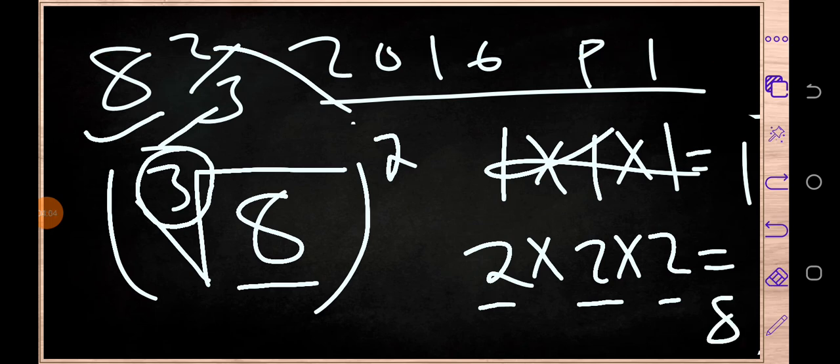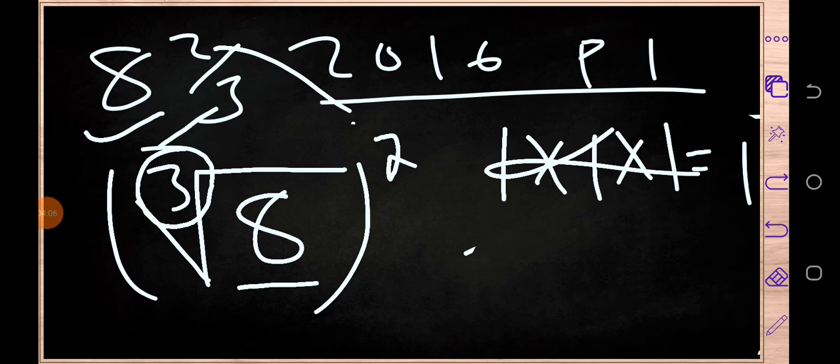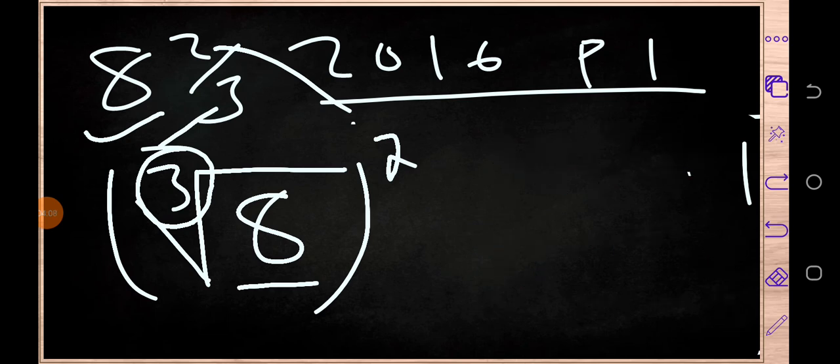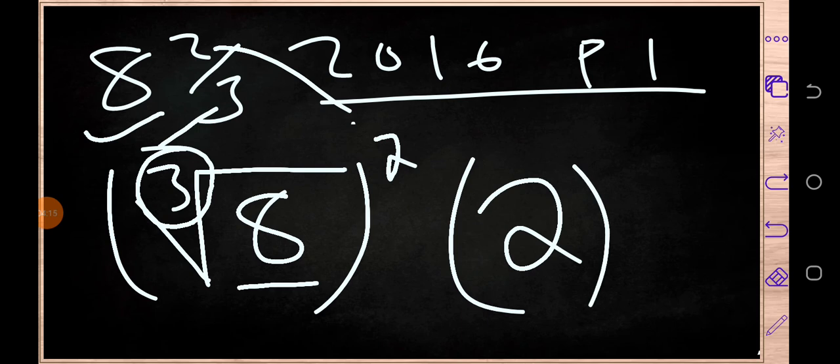Now, don't forget we haven't finished. We have just found the number, but we still have something remaining. So we are going to write this 2. Remember, we have these brackets and a 2 right over here. So we are going to write it like that. Then this means that this 2 has been written in index form, and this is 2 squared.